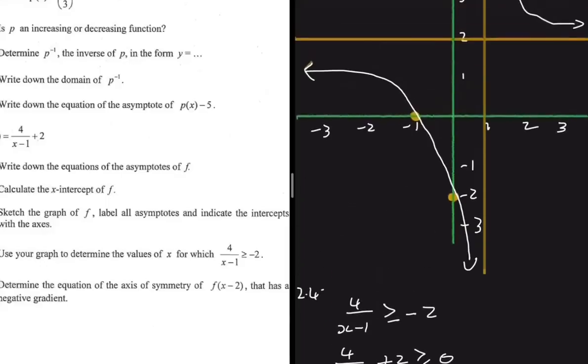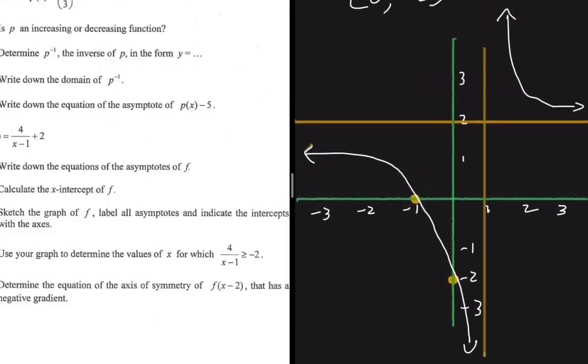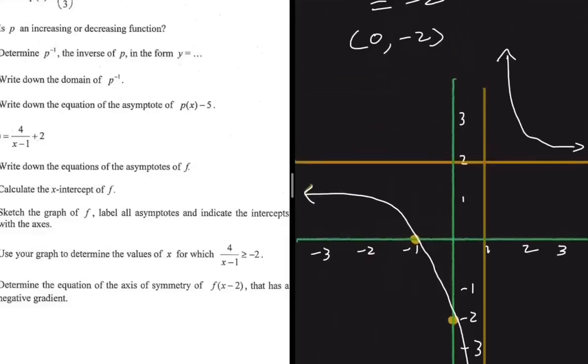So let's go to our function and look for the values of x for which our function is greater than or equal to 0. We can see that for this entire part of the function, it is greater than 0. And then from minus 1, if we go to that side, our function will be greater than 0.